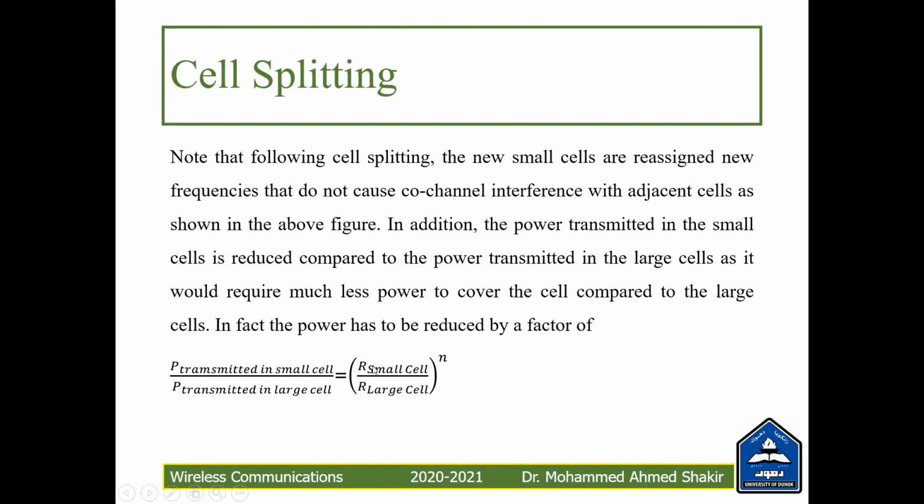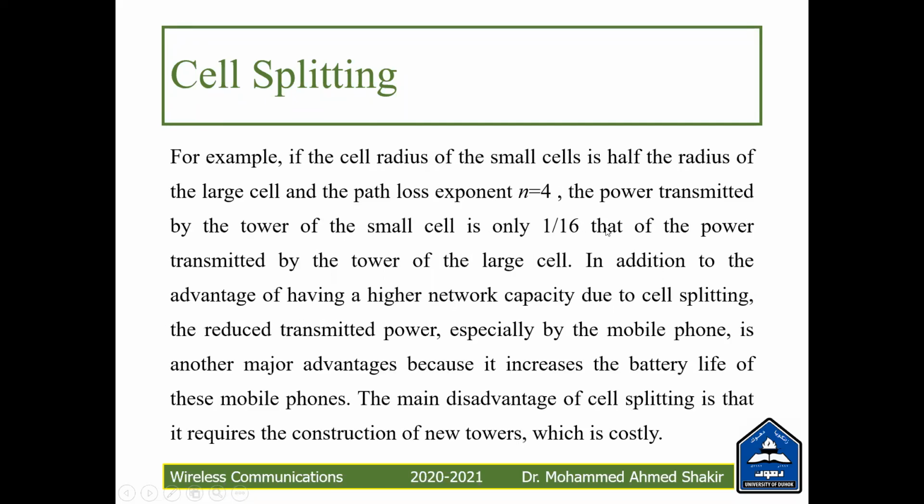R small equals 1/2 R, so R over 2 over R. R is cancelled with R, so we have 1/2 raised to power 4, which will be 1/16. So the ratio between the power of the small cell and the power of the large cell will be 1/16. So we reduce the power transmitted from the smaller cells 16 times.